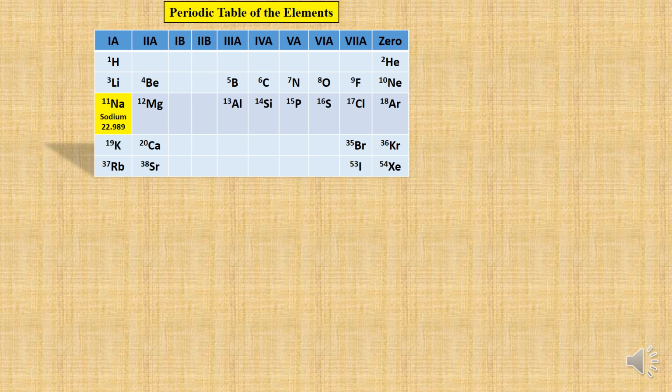Now, in the periodic table of elements, one can find the element of interest by these 4 details.